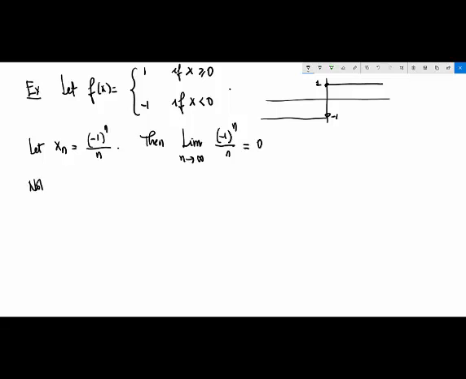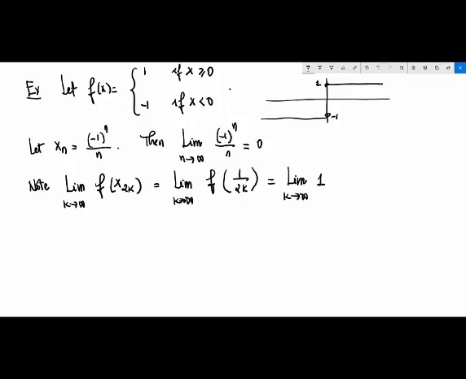Now note that the limit of f of x_{2k} as k is approaching infinity is the limit of f of 1 over 2k as k is approaching infinity, and since 1 over 2k is positive, then this will be the limit of 1 as k is approaching infinity, which is 1.